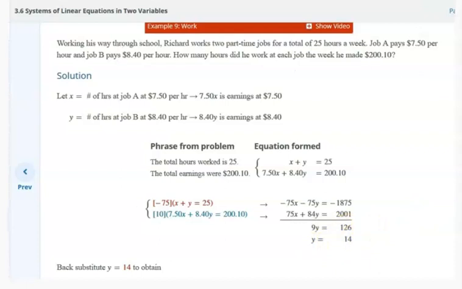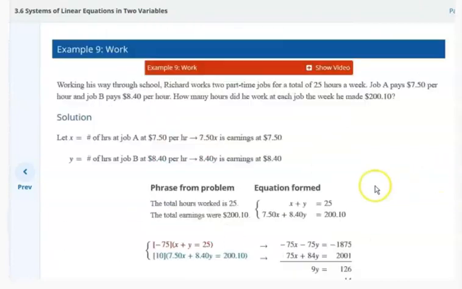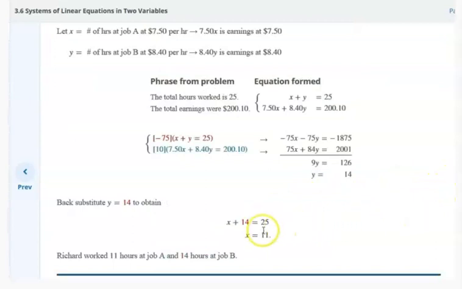Now, if y equals 14, and we have 25 hours, subtract 14 from 25, and you get 11. So again, the x is the 750, so 11 hours at job A. The y is 840, 14 hours at job B. And you've used systems of equations to solve this type of application.